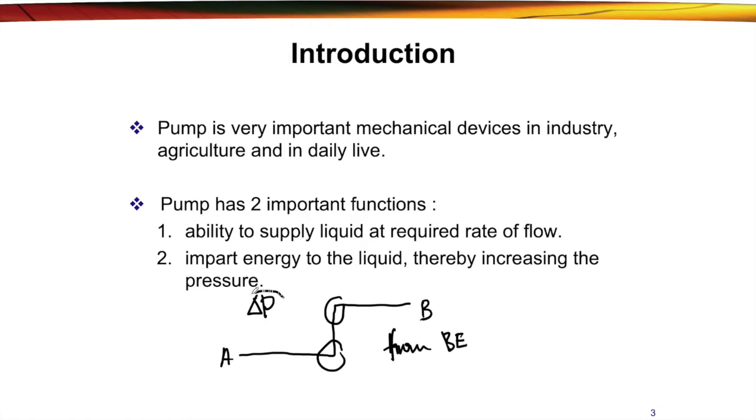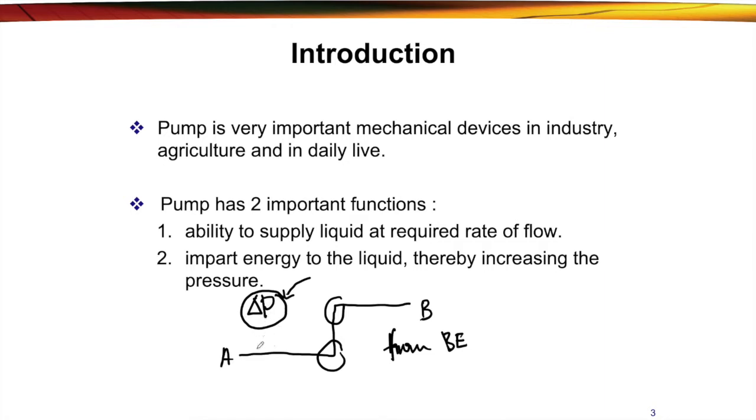and then these reductions or the pressure losses, the amount of these pressure losses will actually be supplied by the pump. Okay, the pump will supply this amount of energy or this amount of pressure. That's why we need a pump.